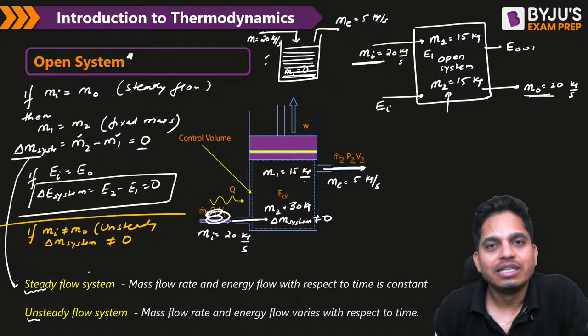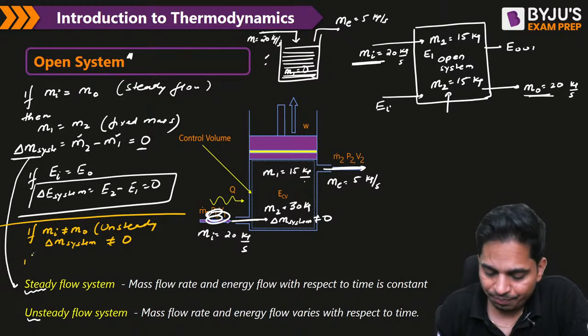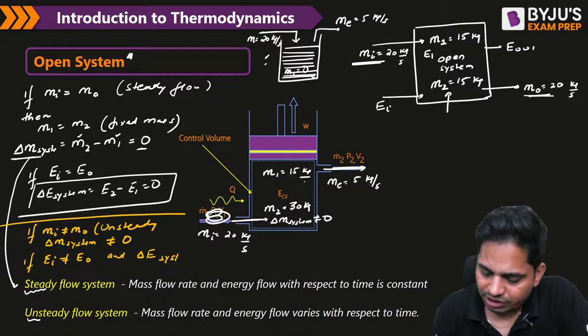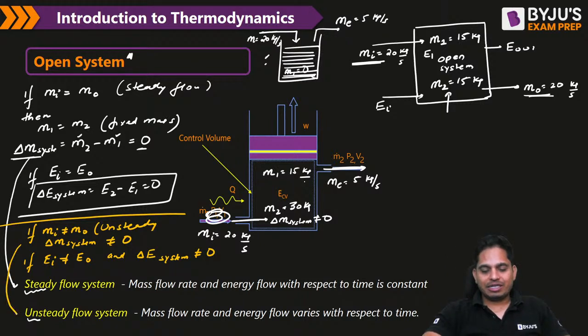You can see there is a change in the mass of the system. Similarly, if energy in is not equal to energy out, then change of energy of system is not equal to 0. So these types of systems are called unsteady.